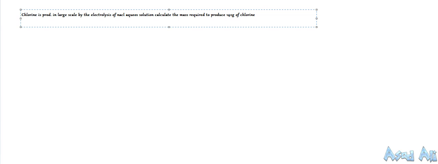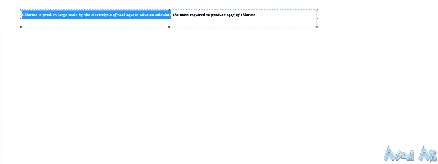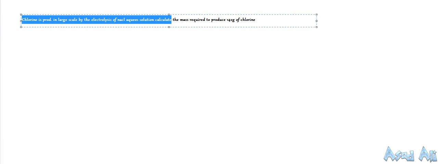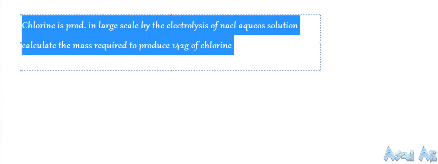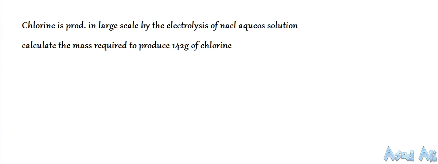Okay, now we have to calculate the mass of NaCl that was required to produce 142 gram of chlorine. Now we are doing mass calculation.